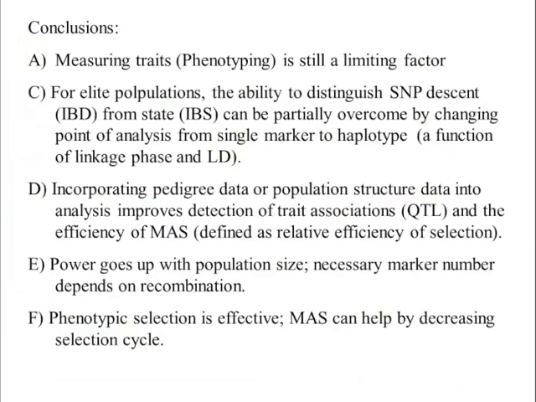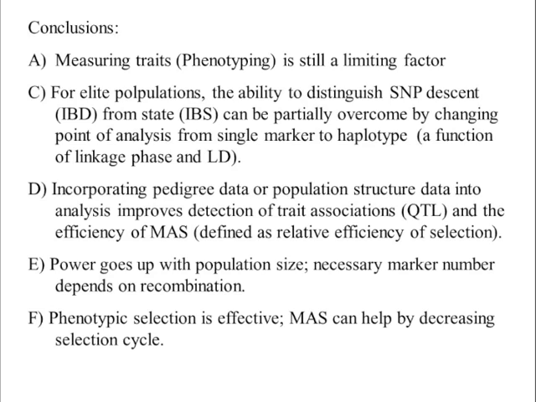In conclusion, as breeders, we still need to recognize the importance of measuring phenotype. Point of analysis is going to be an important concept, so we're not necessarily going to be working with single SNPs, but pairs of SNPs, so haplotypes.